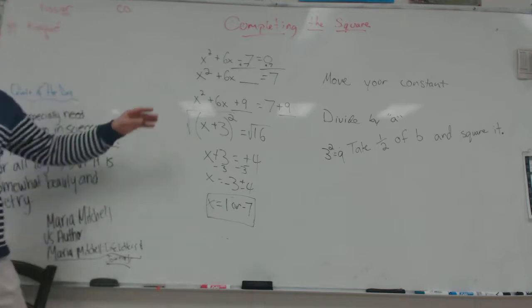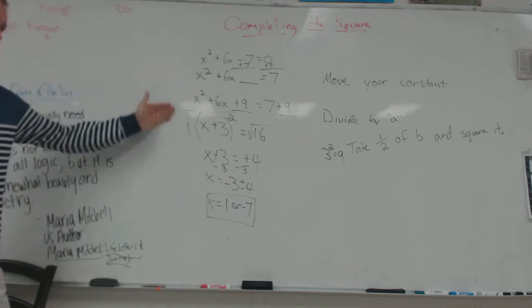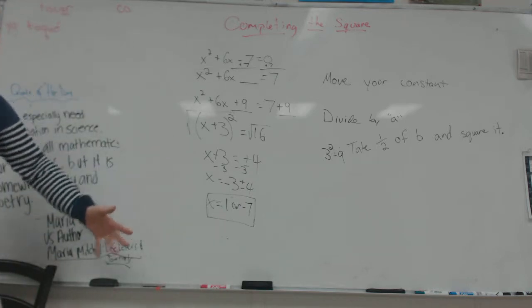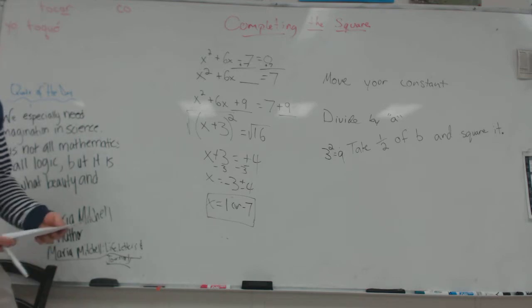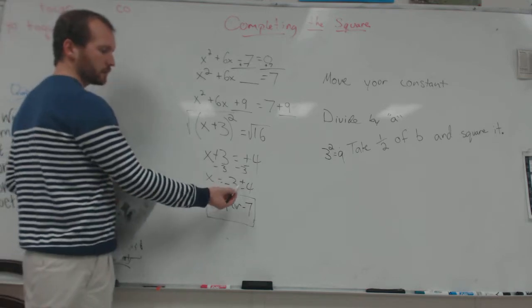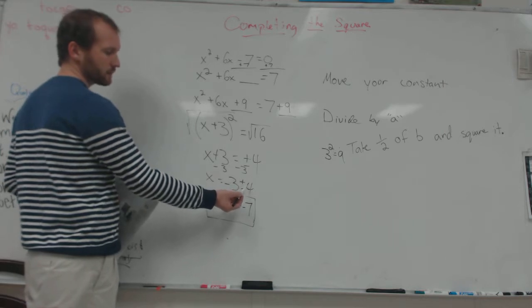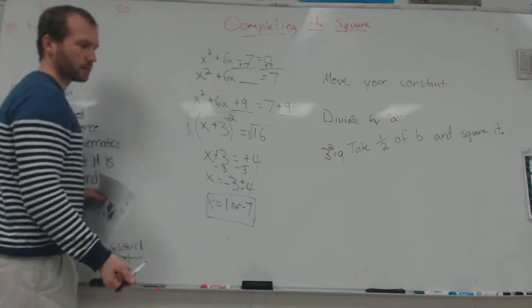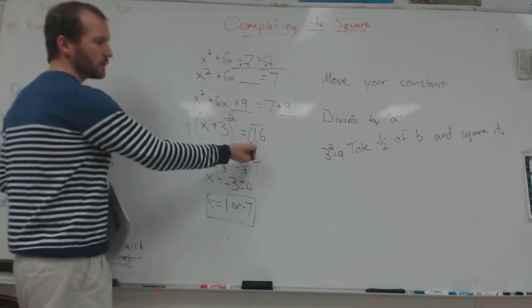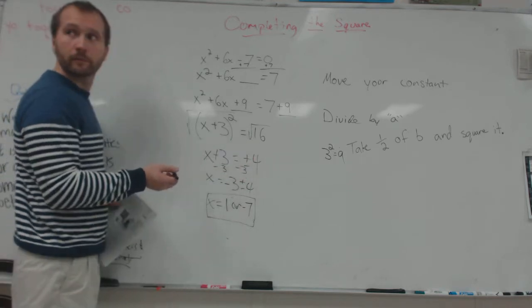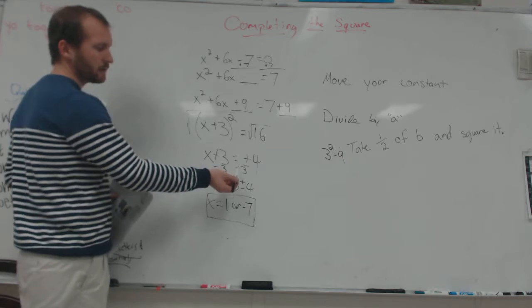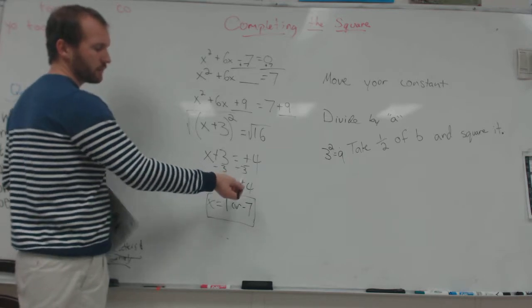So when the problem is simpler, this process is simpler too. Why did we have to do 1 or negative 7? Because we have negative 3 plus or minus 4. Okay. The square root of 16 is positive or negative 4. So then when we add 3, well, we add a negative 3.